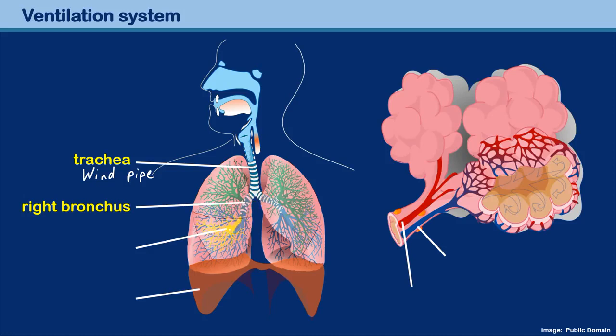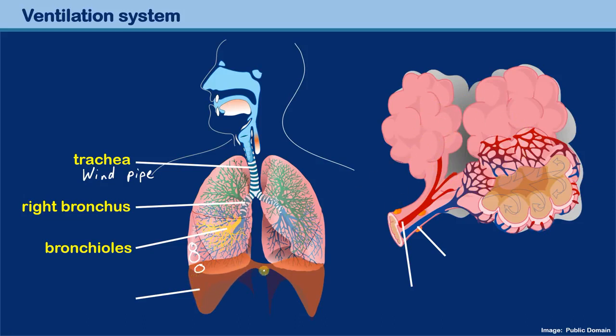Then further down you see that the two bronchi, bronchus is singular, bronchi is plural, subdivide and split up into so-called bronchioles. And they're already quite small, and at the very end, not shown because they're too small, you have the alveoli, which are drawn over here on the right side.